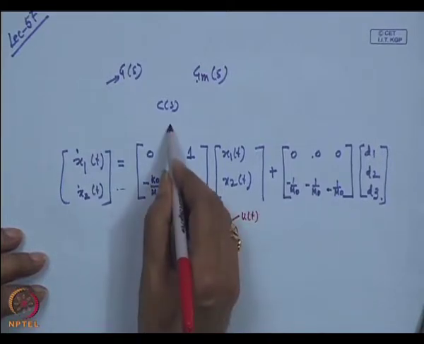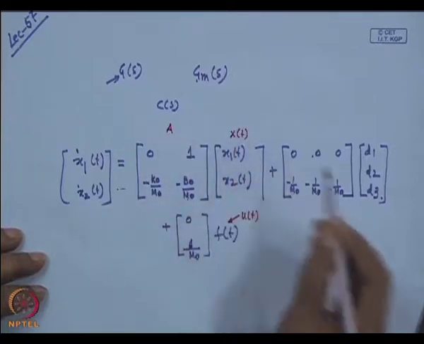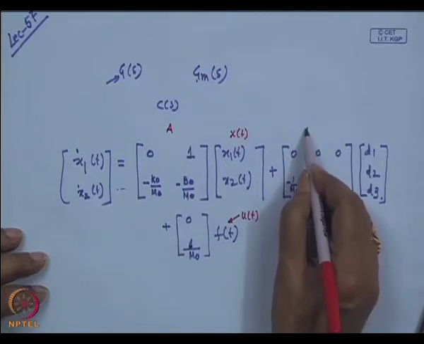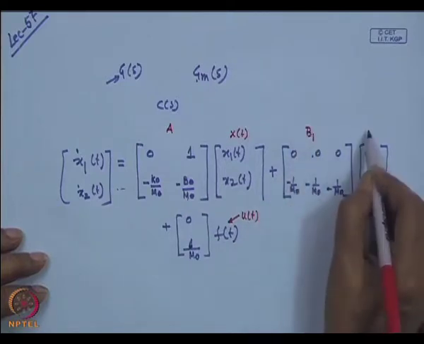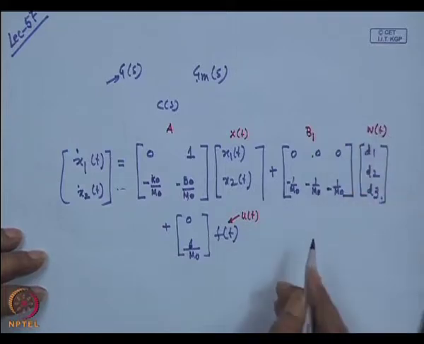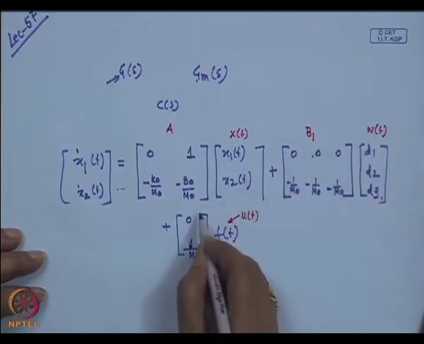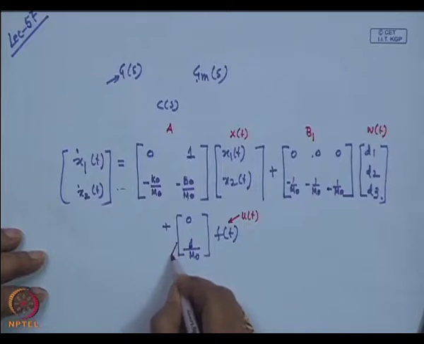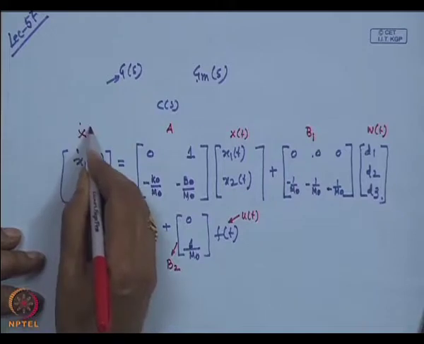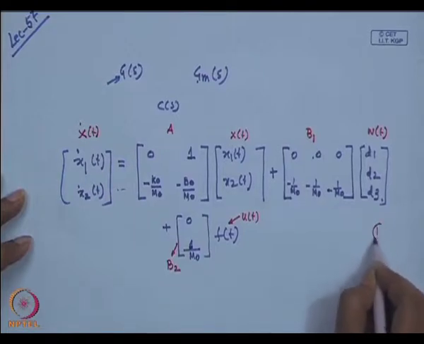I can consider this is a matrix A, and this is the state x of t, and this is our B 1 matrix and this is our W of t, that is our disturbance or part of model output, and this vector is our B 2 of t and this is nothing but x dot of t. So, we have written it for this one. Let us call this equation number 1.